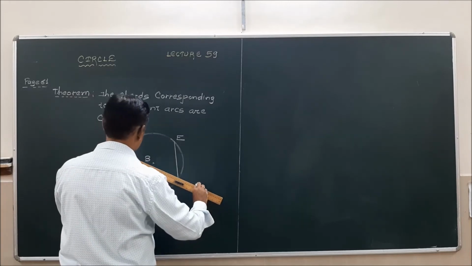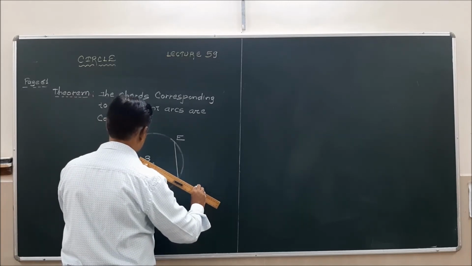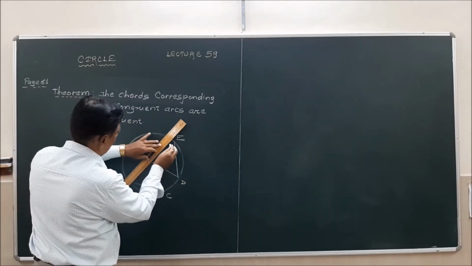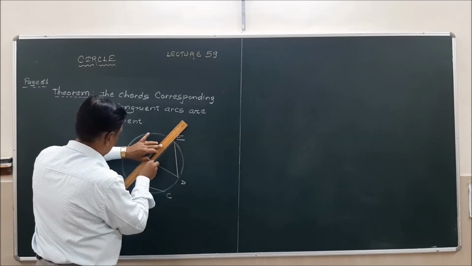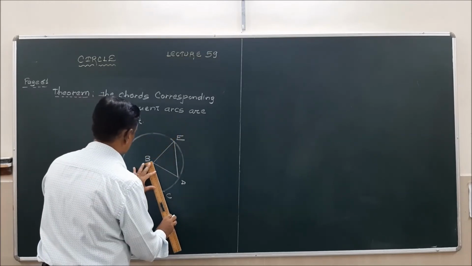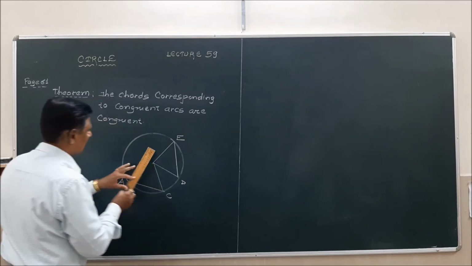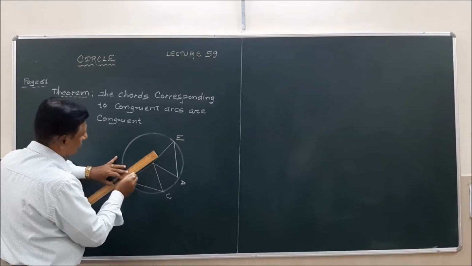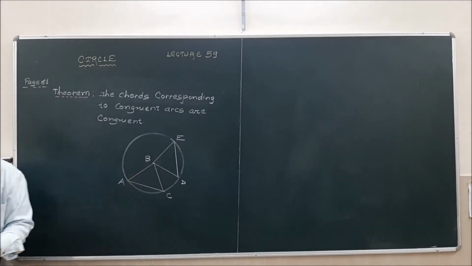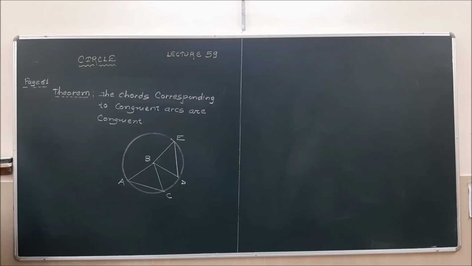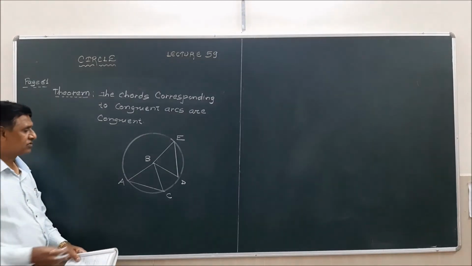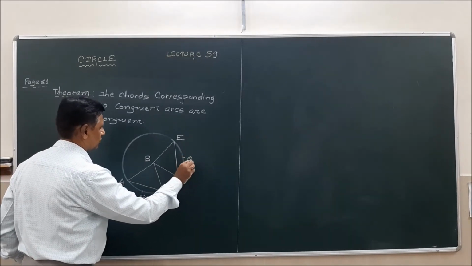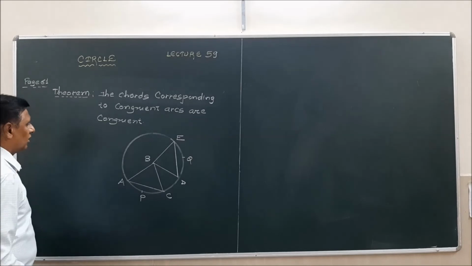Let's join this. This is how you will find we get two triangles. Here we have to take point E and Q. Okay. Now what is given?